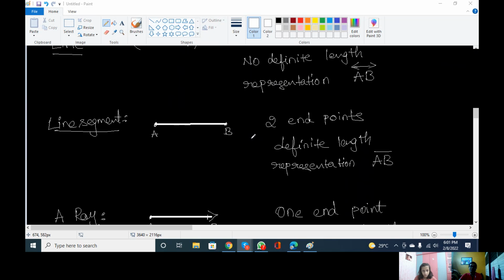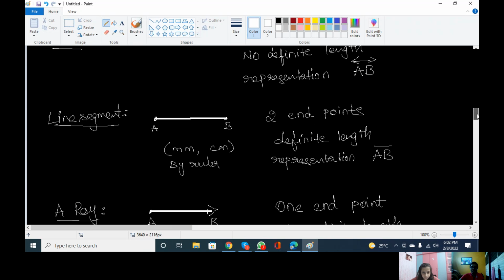Our ruler has millimeters and centimeters, so we can measure the line segment in millimeters and centimeters, and we can even represent this line segment on our paper. It is represented as AB line segment, with a bar on top of it.